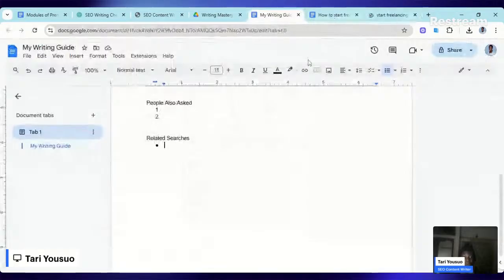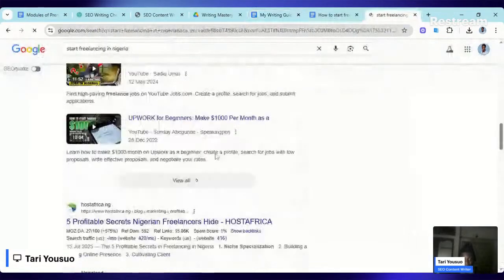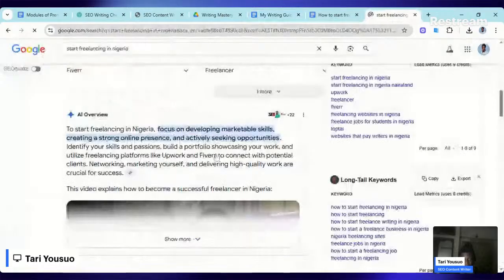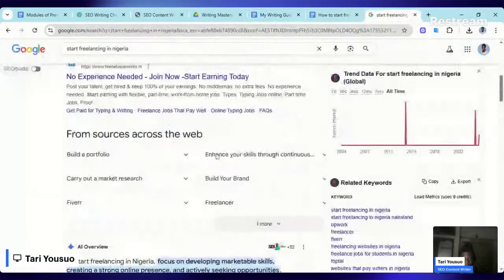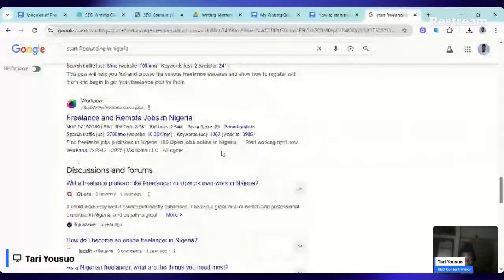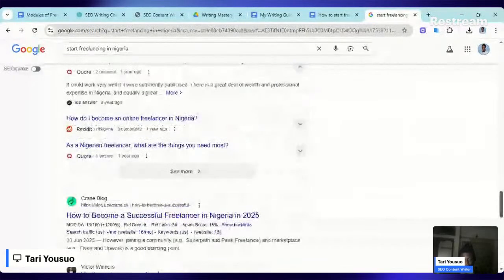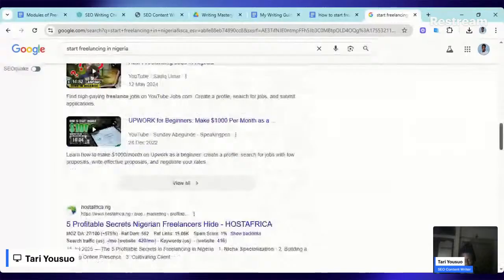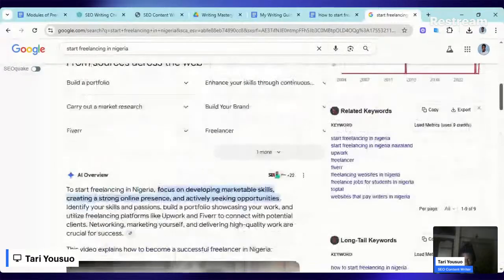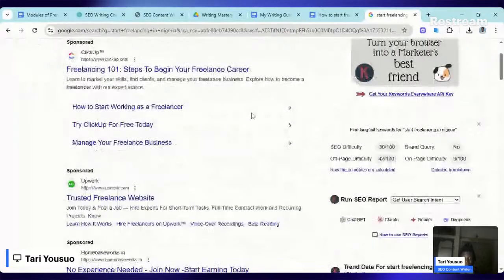Although I listed the People Also Ask section, there's no People Also Ask section here. Is that not an error? I have never seen this kind of SERP before. This is quite funny.